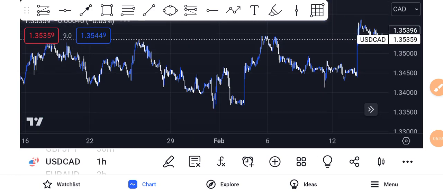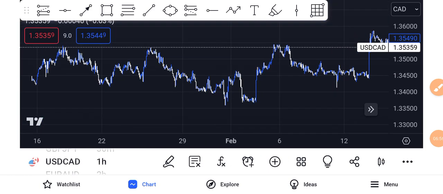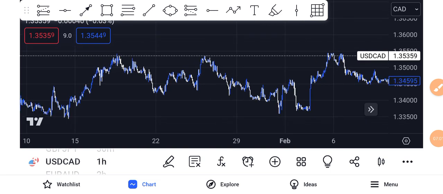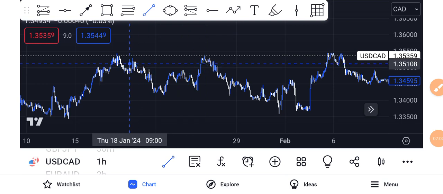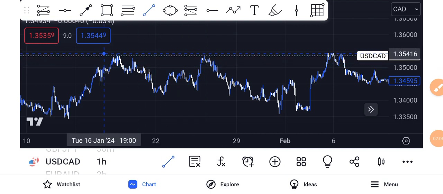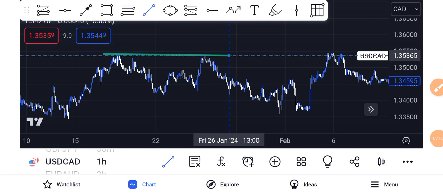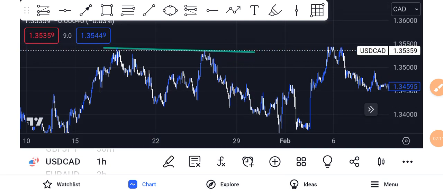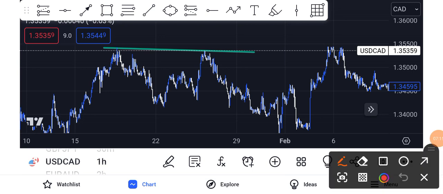Okay. You see, for instance, this is a resistance level. Okay. You see, whenever the market hits this level, it bounces.